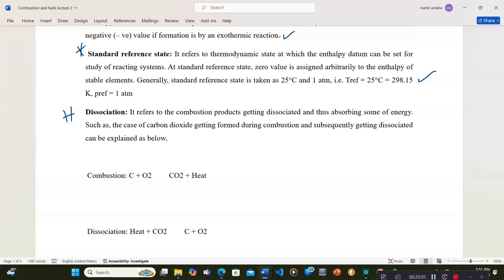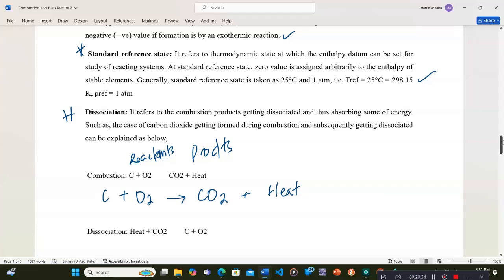Now, if we are talking about combustion, here these are reactants and these are products. So what happens here? You have carbon plus oxygen giving you carbon dioxide, plus heat. This is the heat that we use for different purposes. So this equation is balanced.